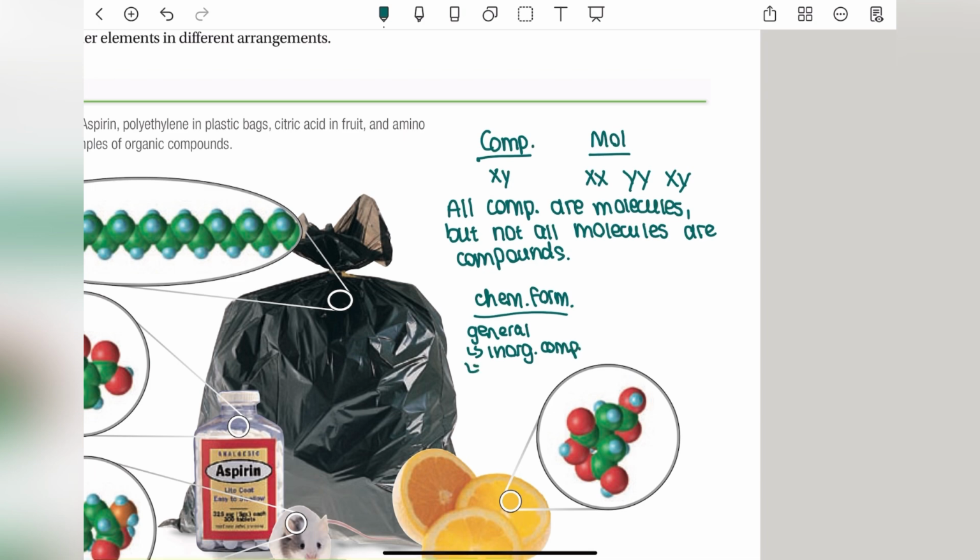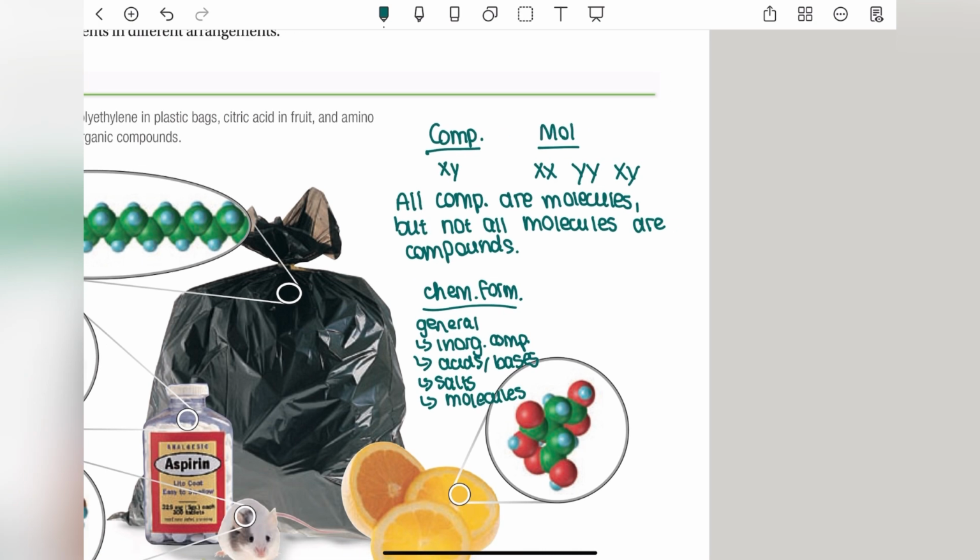They can be applied to acids and bases. They can also be applied to salts, molecules, etc. But a molecular formula applies only to covalently bonded materials.